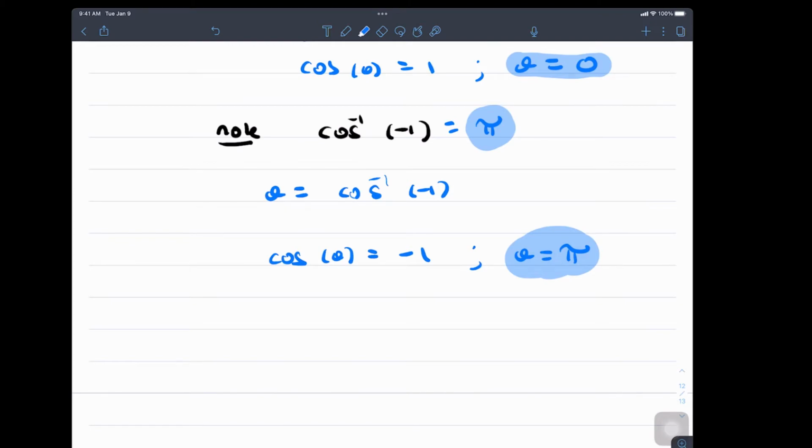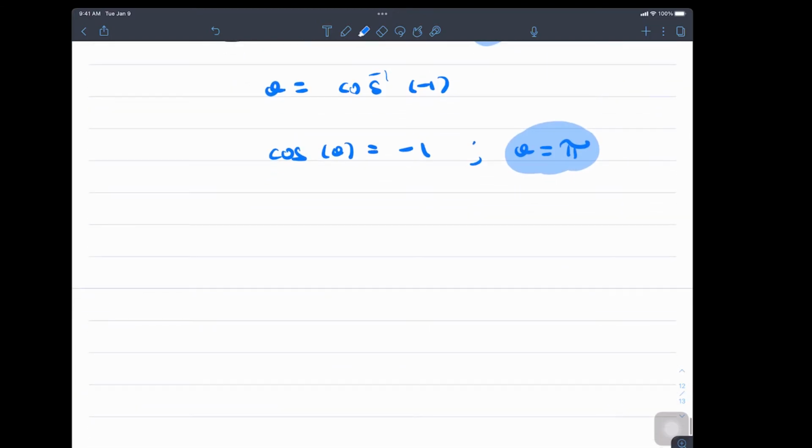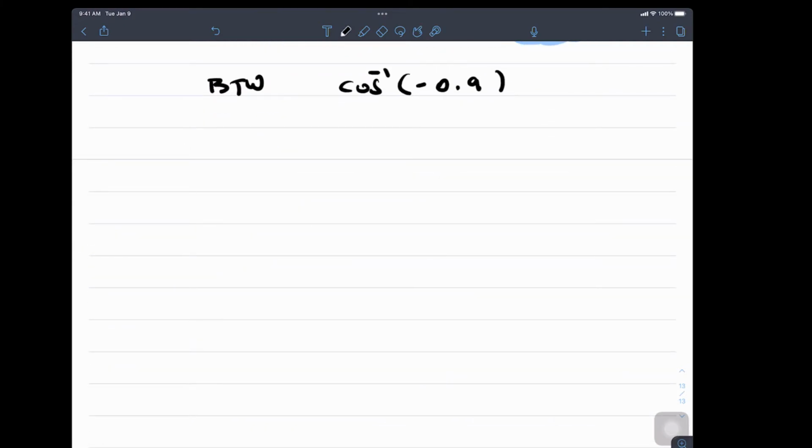Now, I'm going to do a little bit of jumping ahead here. By the way, you may have a question that looks like this: inverse cosine of maybe -0.9. What did we just transition to, by the way?